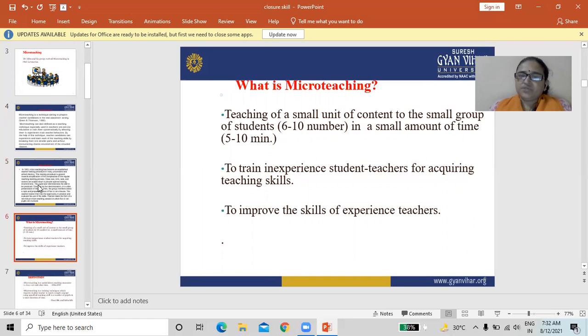What is micro teaching? Teaching of a small unit of content to the small group of students, 6 to 10 members, in a small amount of time, 5 to 10 minutes, to train inexperienced student teacher for acquiring teaching skills.